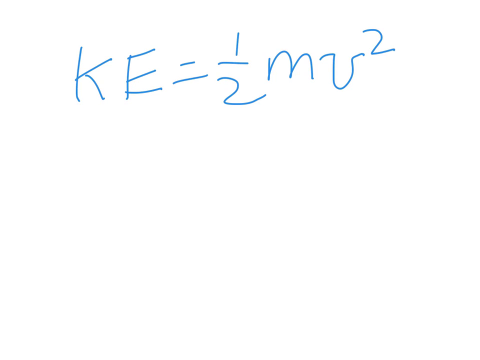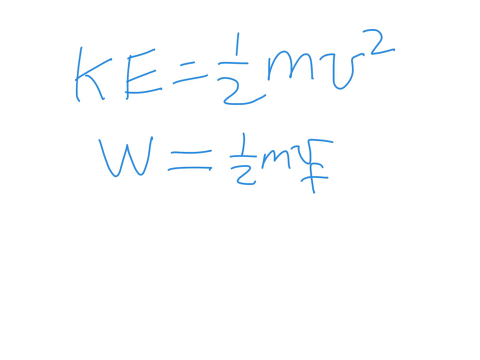And there is a very important relationship that says that the amount of work that you do is equal to the change in kinetic energy. So that would be 1/2 mv final squared minus 1/2 mv initial squared.